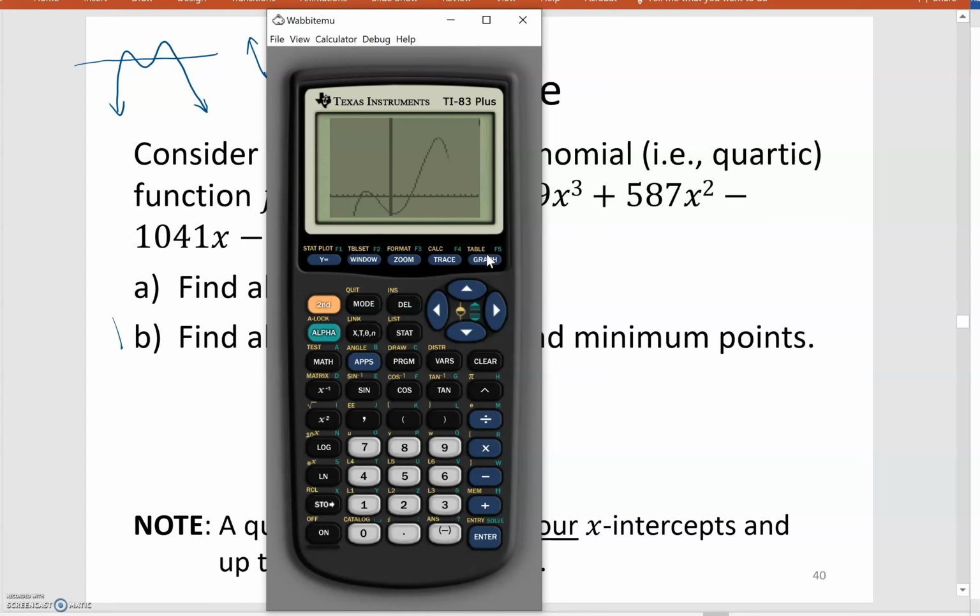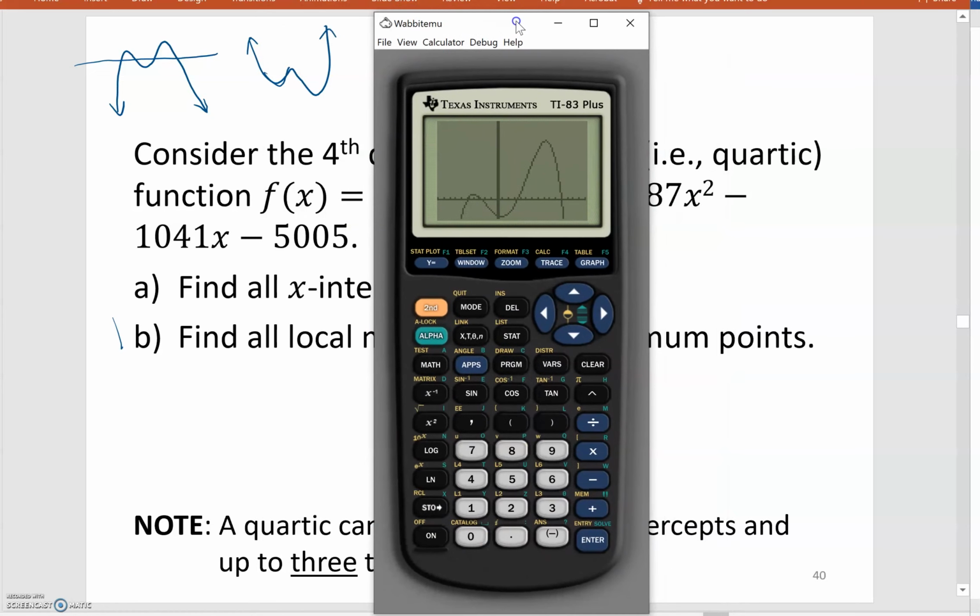All right, I think that's doable. We can start with the intercepts. Now, as you can see, there are 4 of these. Four x-intercepts.